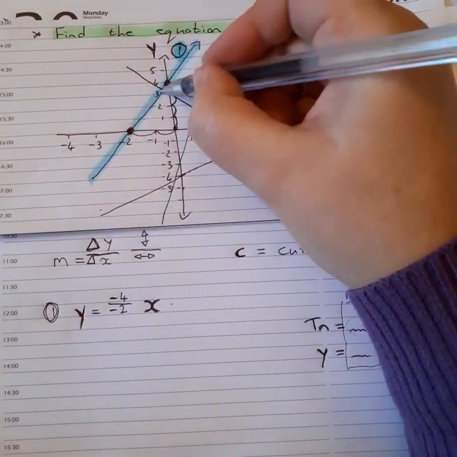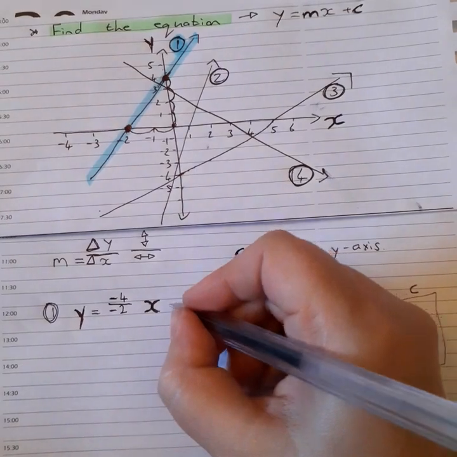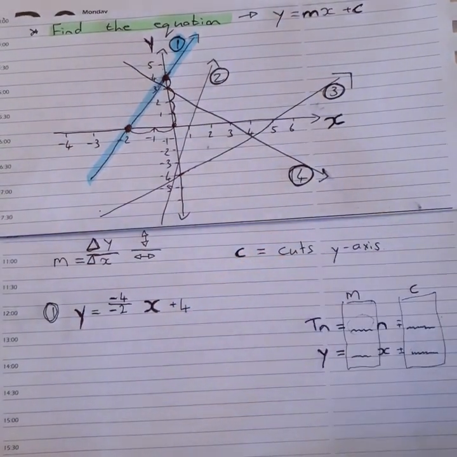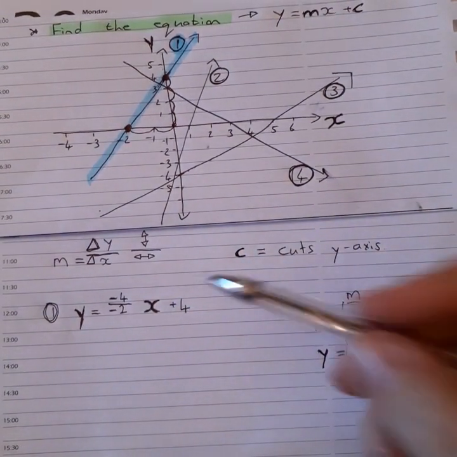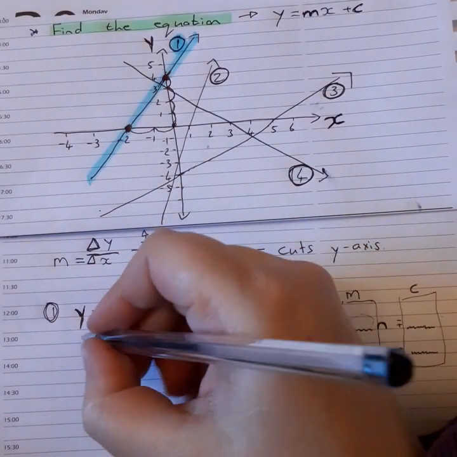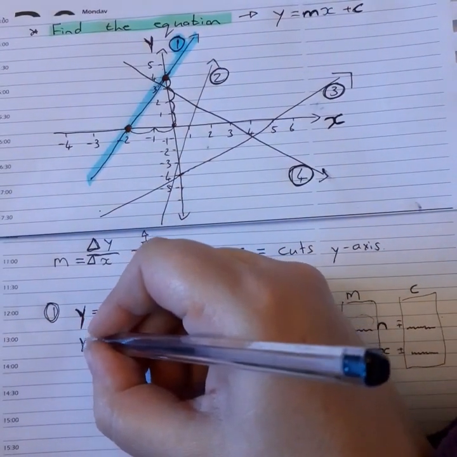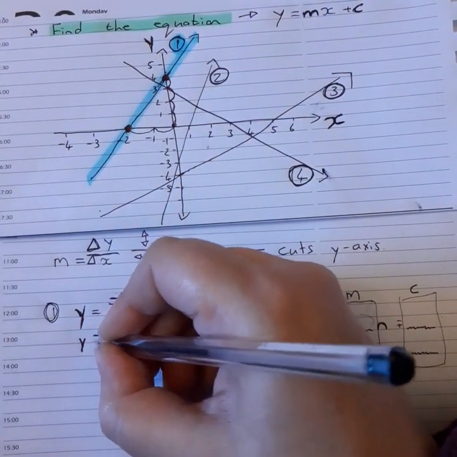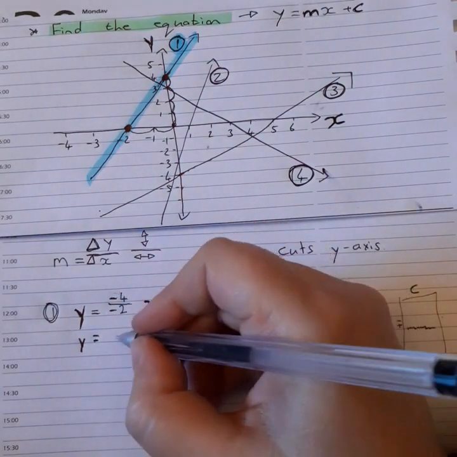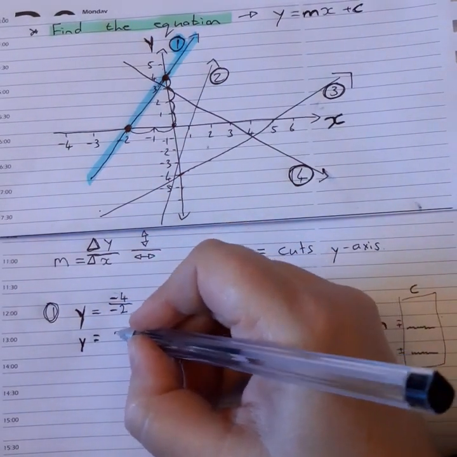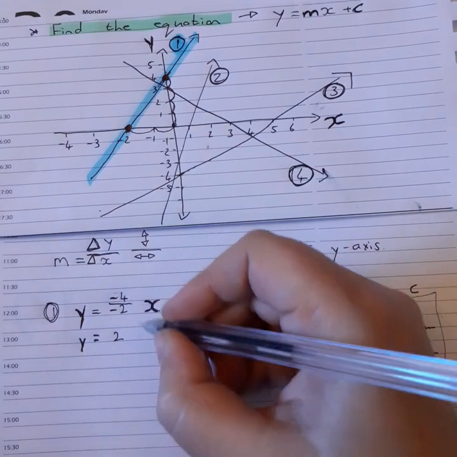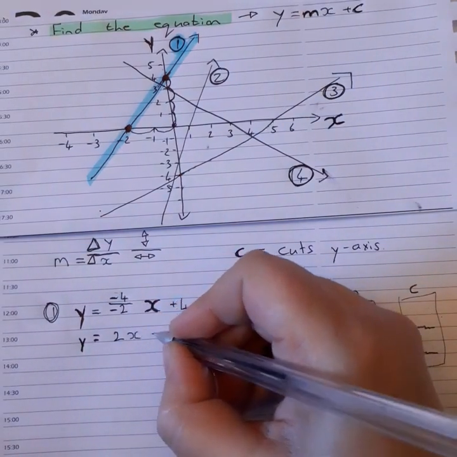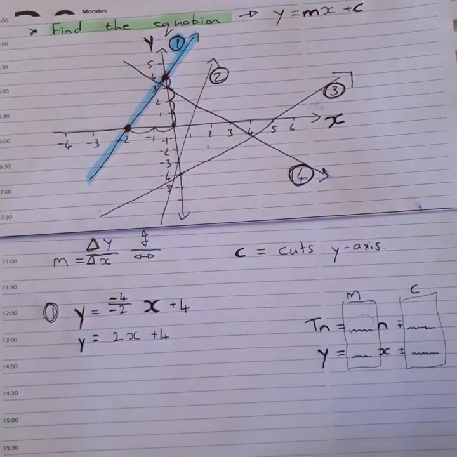And here it cuts y at 4, at positive 4. Okay, and let's simplify that. You're welcome to do any calculations like this in your calculator. But that's going to be 4 divided by 2 is 2, negative and negative is positive. So it's 2x plus 4.